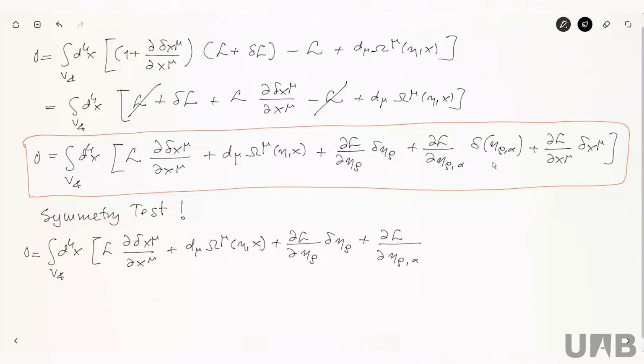And now I'm going to use the result that we obtained before, which is the derivative alpha of delta eta rho minus eta rho comma beta derivative of delta x beta with respect to x alpha plus derivative of L with respect to x mu delta x mu. Okay, so now I'm using the result.